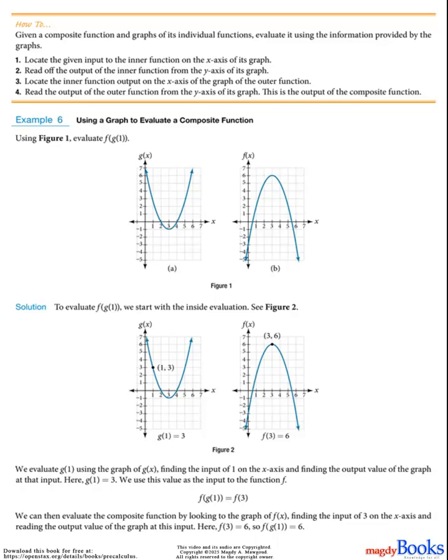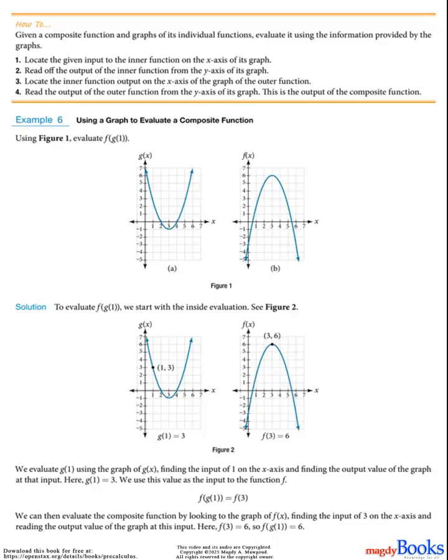To evaluate f of g of 1, we start with the inside evaluation. See Figure 2. Figure 2. x, g of x. 1, 3. g of 1 equals 3. x, f of x. 3, 6. f of 3 equals 6.